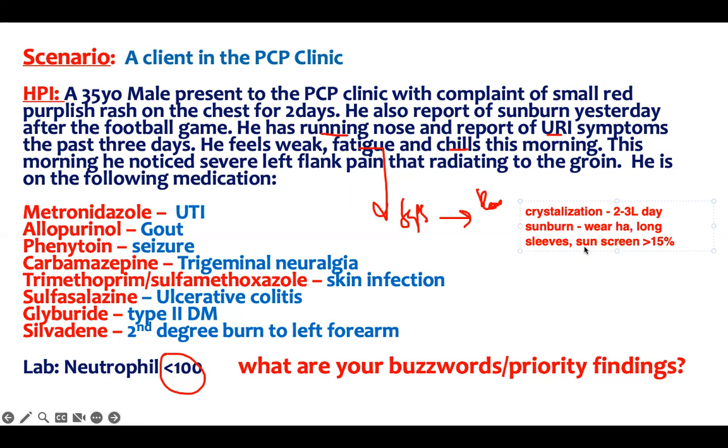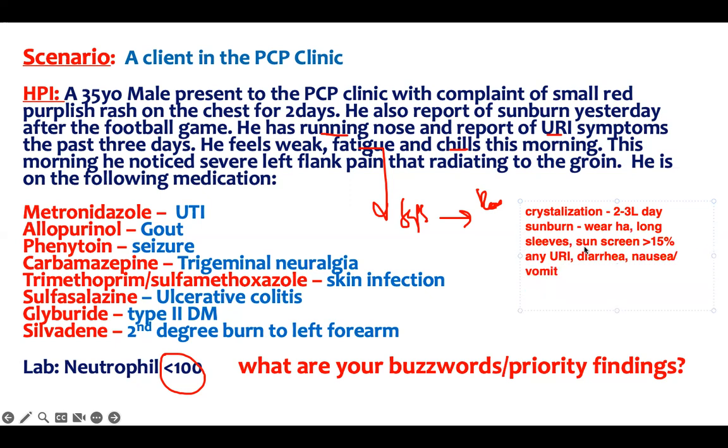Very, very important. Any signs of UR symptoms, any diarrhea, any nausea, vomiting, call me, because you may develop agranulocytosis. Any signs of infection, you need to call as soon as possible.